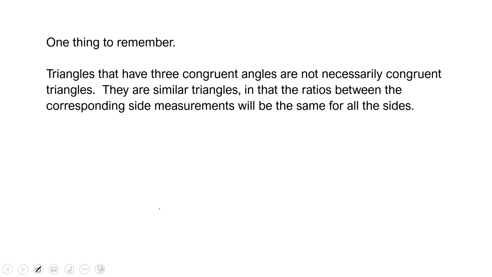They'll be similar. We'll learn about that after vacation, why that is and how we see it. But just because the angles are congruent does not make the triangles congruent. You need to have at least one side congruent. Because once we know all three angles are congruent, and once we know one of the sides is congruent, we can use either angle, side, angle, or angle, angle, side to prove the triangles are congruent. Does that make sense? Everybody sees that?